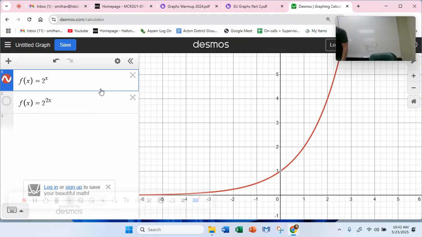Look what happens with 2 to the power of 2x. When you multiply the x by 2, everything gets squished closer to the y-axis. It's the same thing that happened with periodic functions. And in fact, the same thing happens with any function. You multiply the x by 2, things get squished, which is why we got the graph we did.